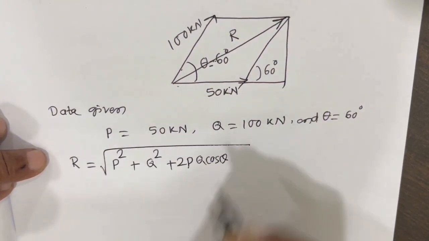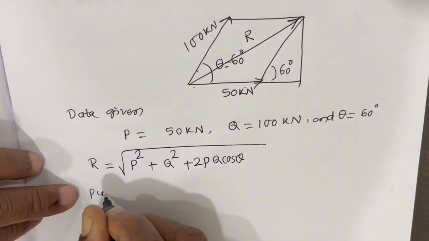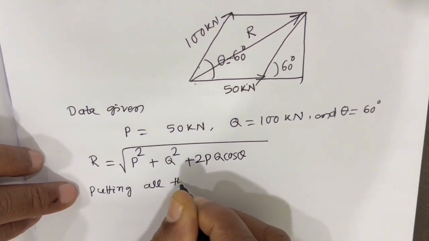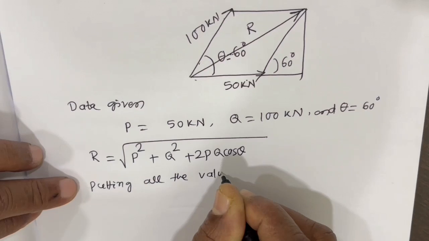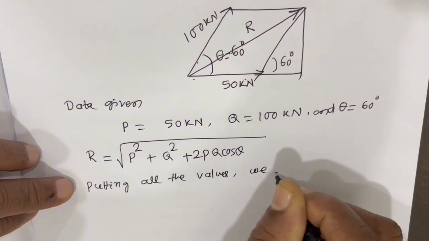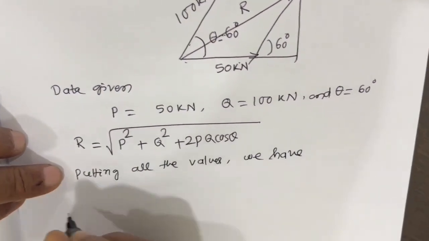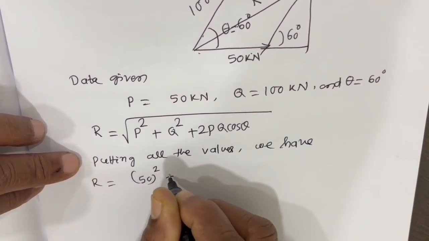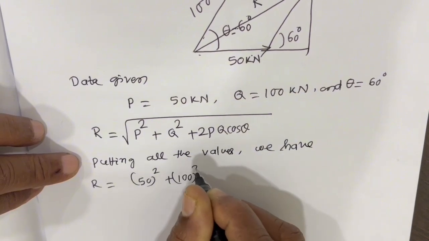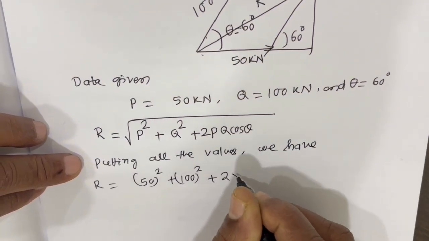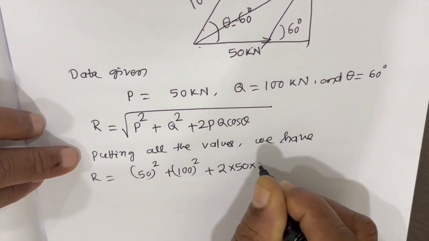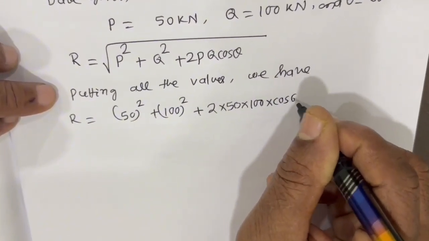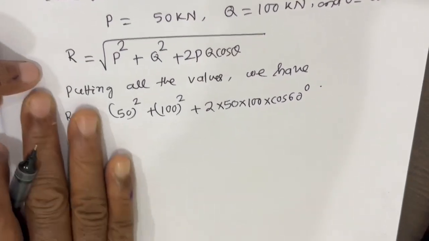Putting all the values, we have R is equal to root over 50 square plus 100 square plus 2 into 50 into 100 into cos 60 degree.